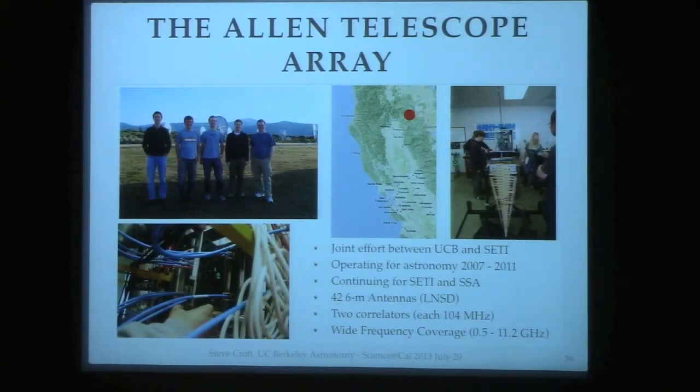So instead of building just giant metal dishes, you build a large number of smaller, cheaper dishes and then combine them together with a supercomputer basically at the back end. And for those of you that are interested, there are some more technical aspects here, but it can operate in quite a wide range of the radio frequency spectrum.